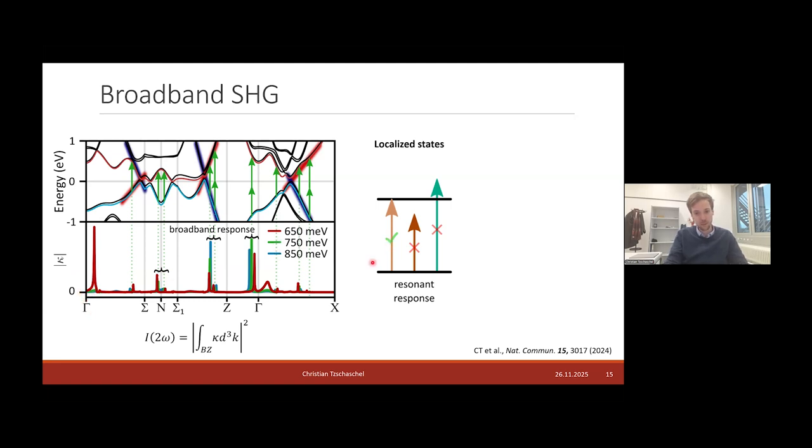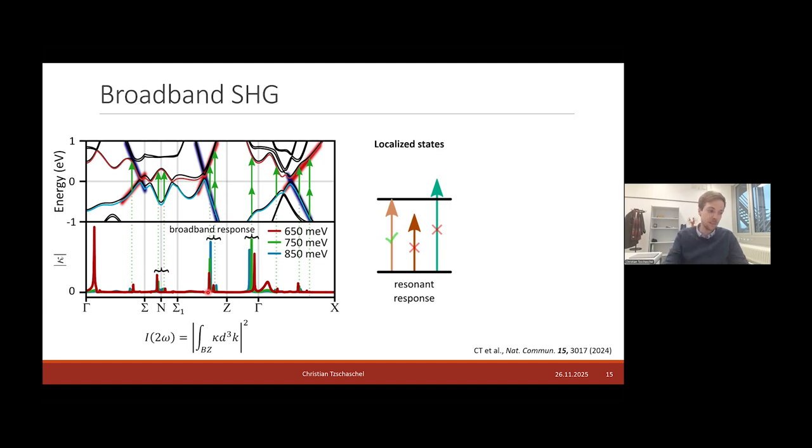So this is a typical resonance behavior, if you like: if you have a matching photon energy, you get a response. Otherwise, you don't. And this is explained because the bands at this location are approximately, or relatively, flat.